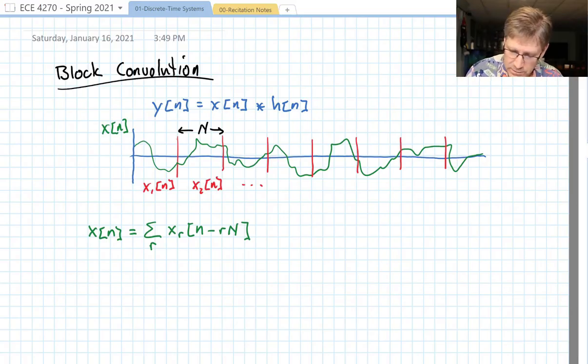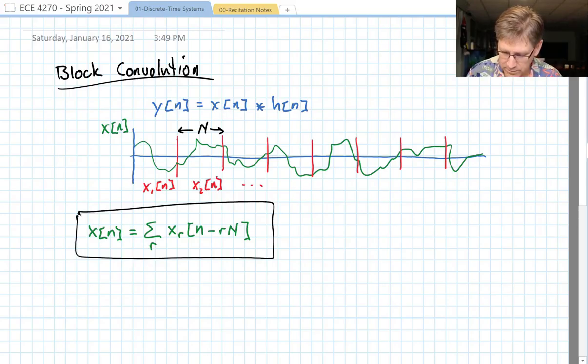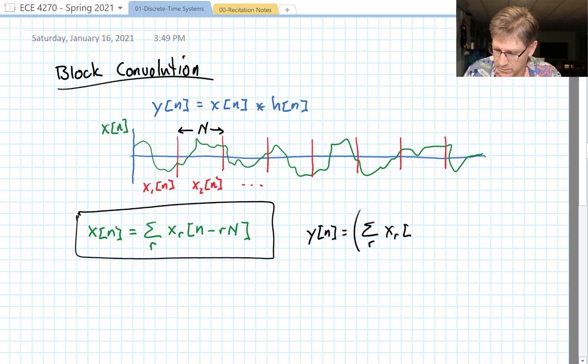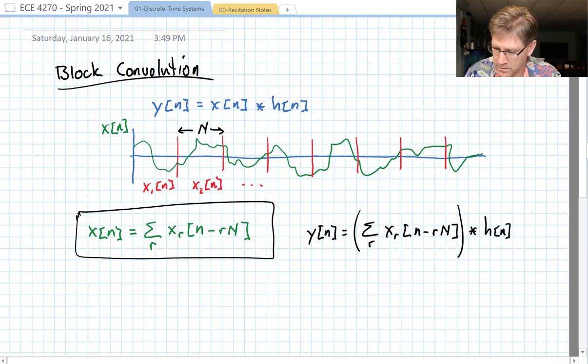Okay, so now we have another clever way of writing x. What happens when we throw this into the convolution equation? Well, we get that y of n is equal to, now we have our sum to deal with, x sub r of n minus rN convolved with h of n. Well, convolution is linear.